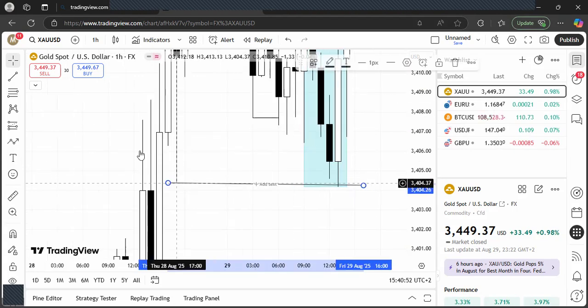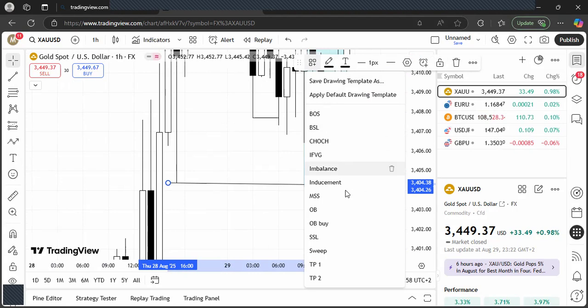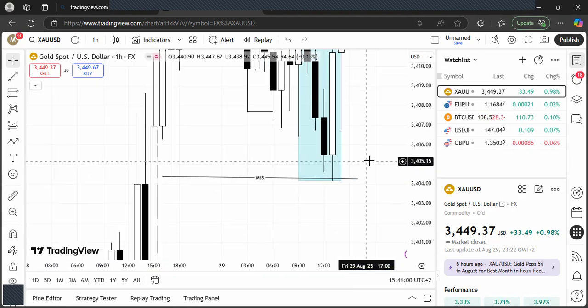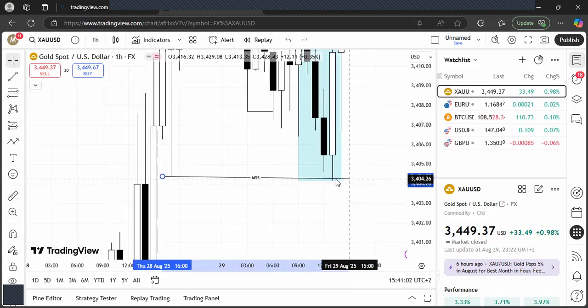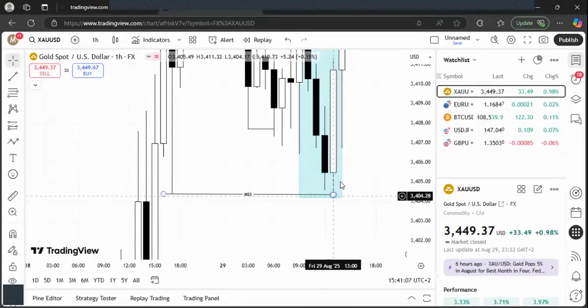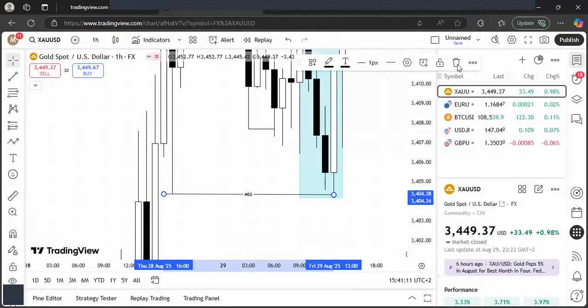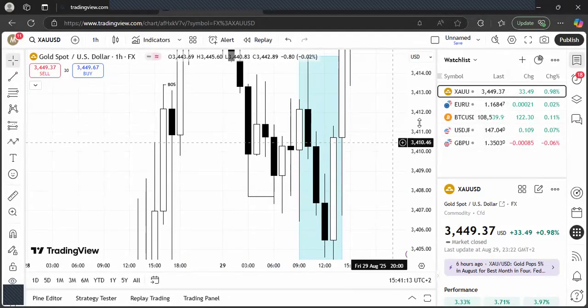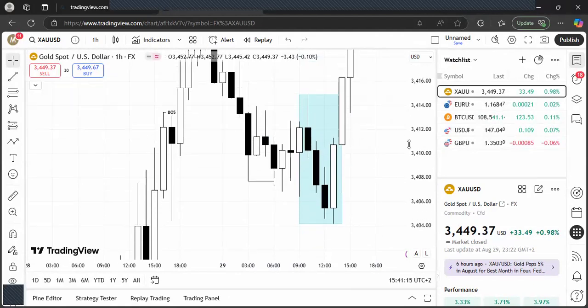Normally, if the market needed to give us an entry to the downside, it would have come here and then gave us something of this sort. But since I wasn't aware of this yet, it hadn't happened yet at the time. All I had to do was analyze what I see at the moment, not what I think.